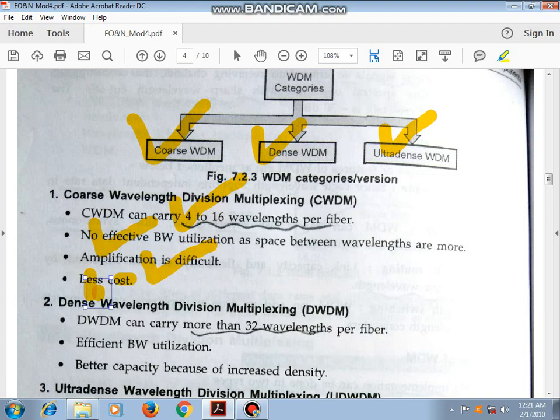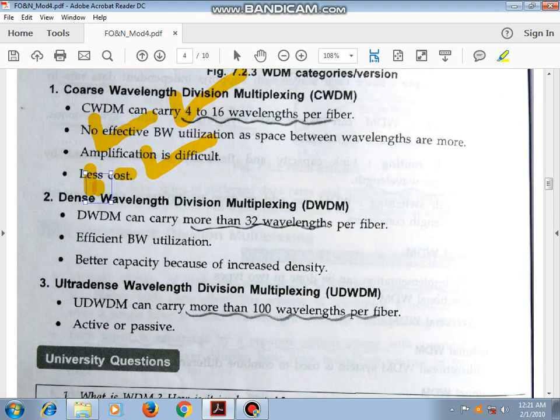Next we go with dense wavelength division multiplexing. Dense WDM can carry more than 32 wavelengths per fiber, meaning it can support 32 transmitters and 32 receivers.